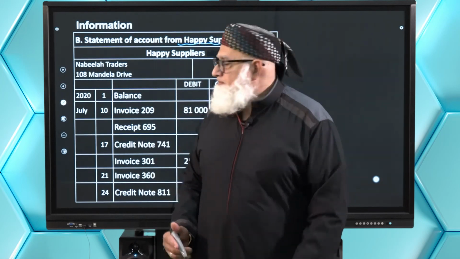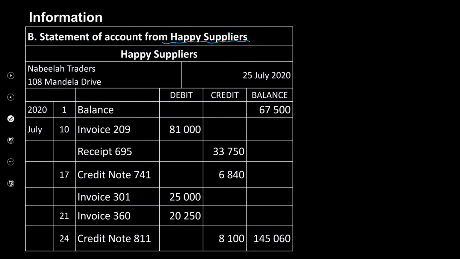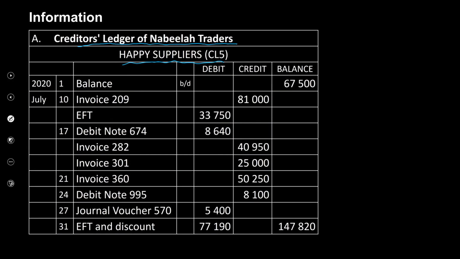Got that? Brilliant. Okay, so clearly you can see now that if we look at the account in our books, it's showing that there's a balance of 147,820. So according to our records, we are owing Happy Suppliers an amount of 147,820.